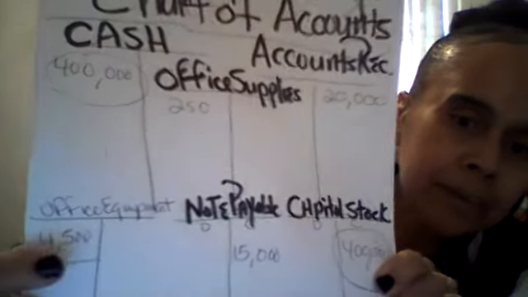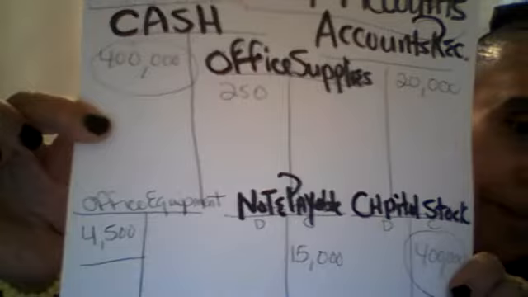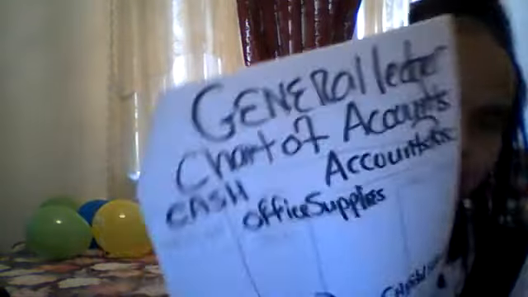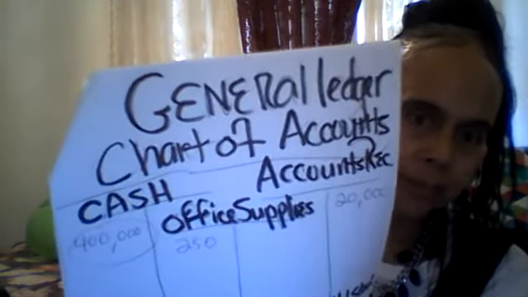At the end, you would total these up, and that's what the general ledger is, a chart of all your accounts for that particular accounting period.